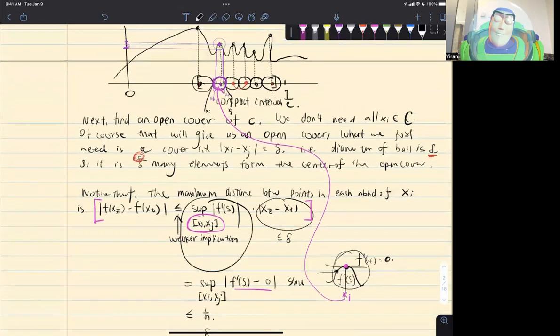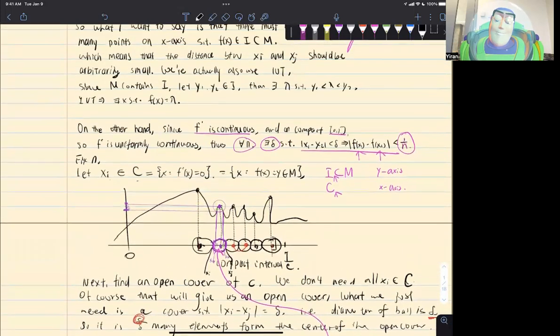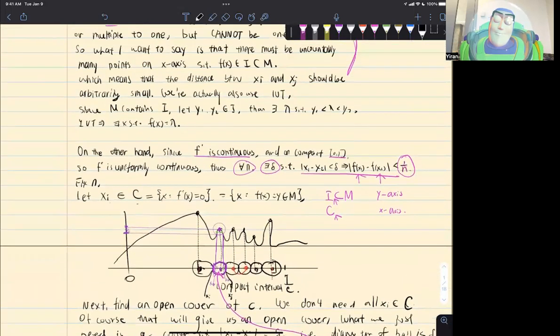Why? Because again, it goes back to uniform continuity.